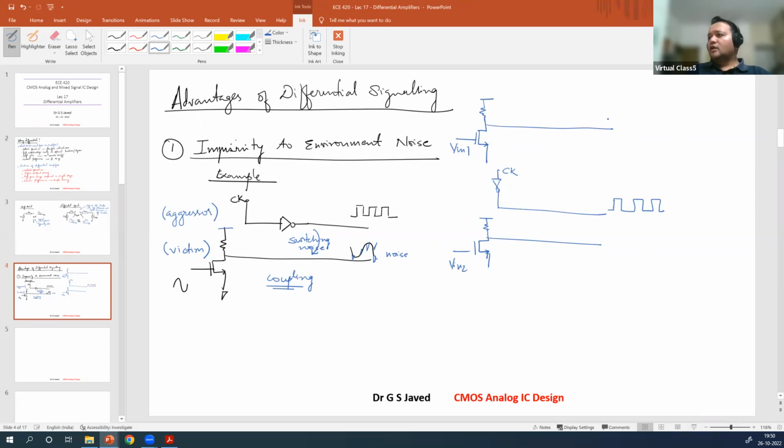Now if you get the clock in one direction like this, this is going to be the clock signal, and you have the clock in the opposite direction here. And you see that the edges are going to be equally present on both sides.